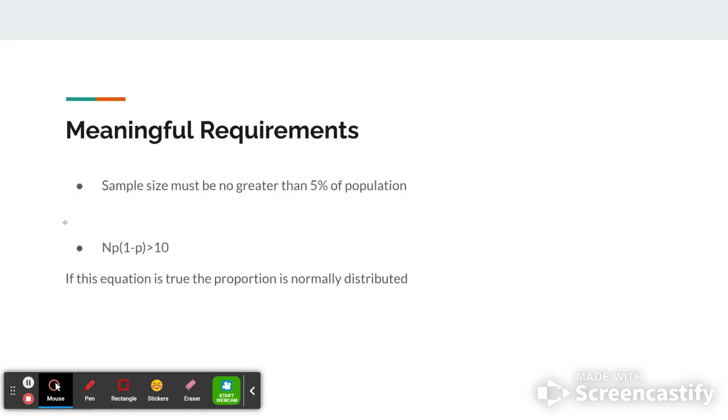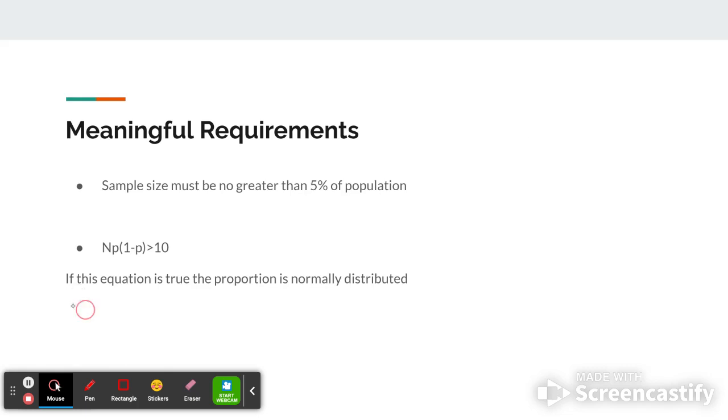The requirement for proportion is that the sample size must be no greater than 5% of the population. And this little equation right here is just to determine if the proportion is normally distributed. I will go ahead and calculate that for my example.